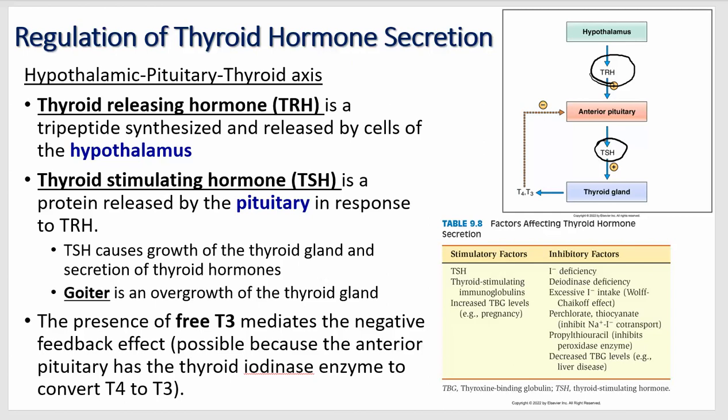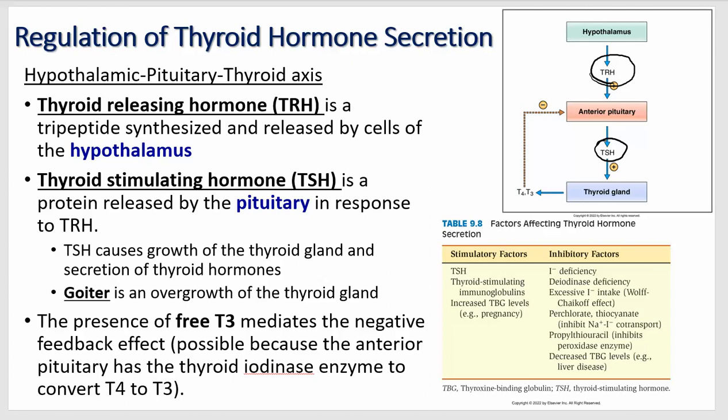Okay, so let's see. TSH causes growth of the thyroid gland, so thyroid stimulating hormone is released from the pituitary. That will cause the thyroid gland to secrete more thyroid hormone, but remember those follicles, the colloid we were talking about, it will cause growth of that.